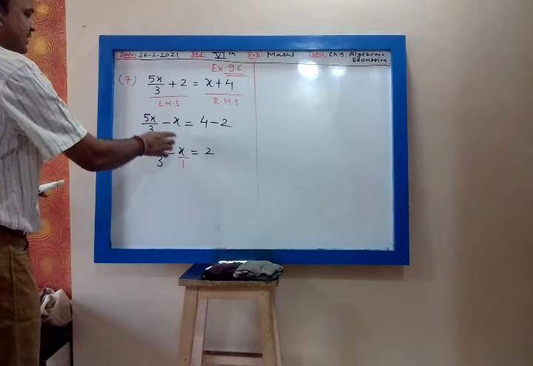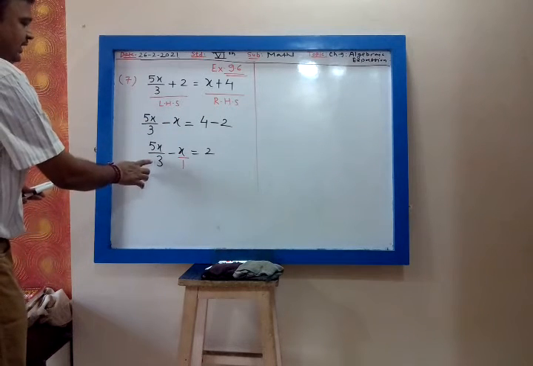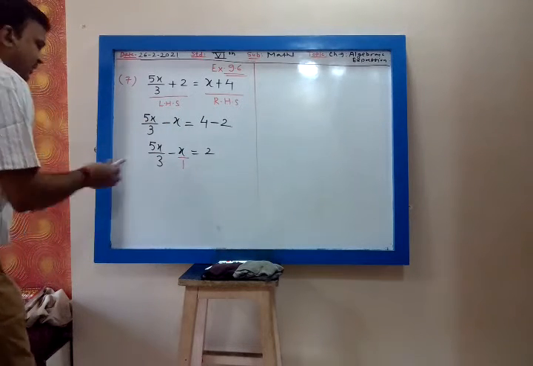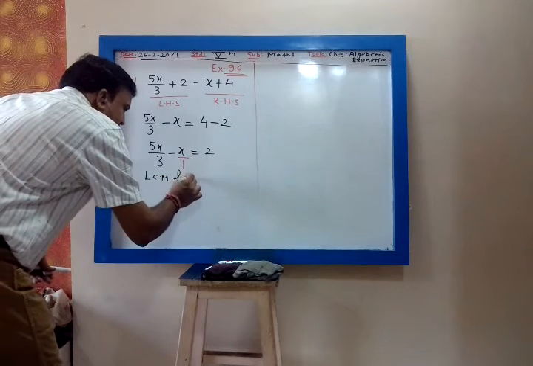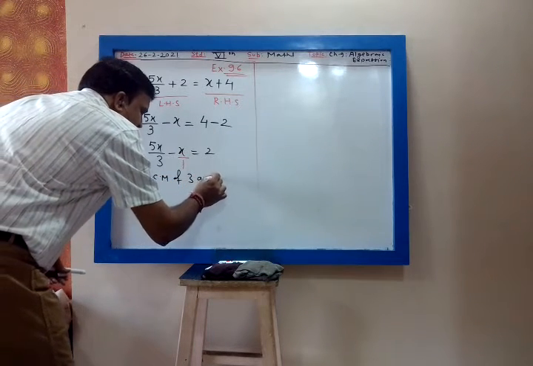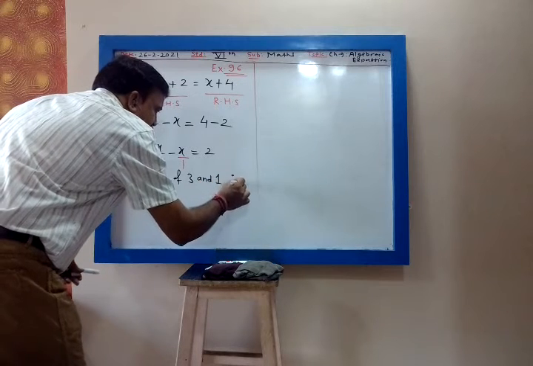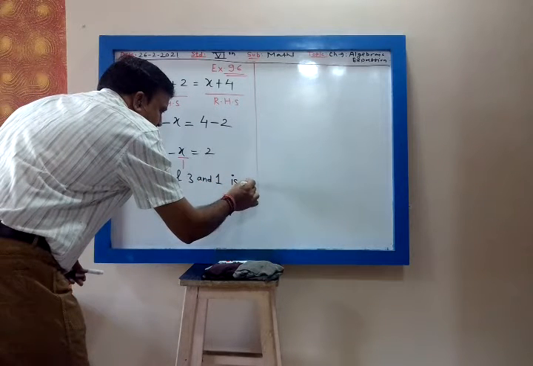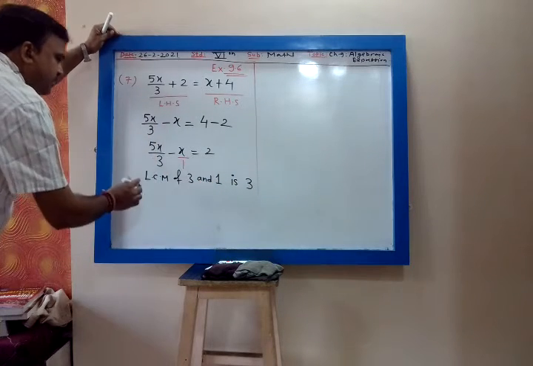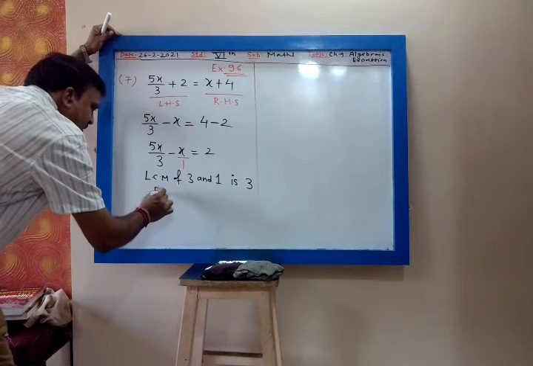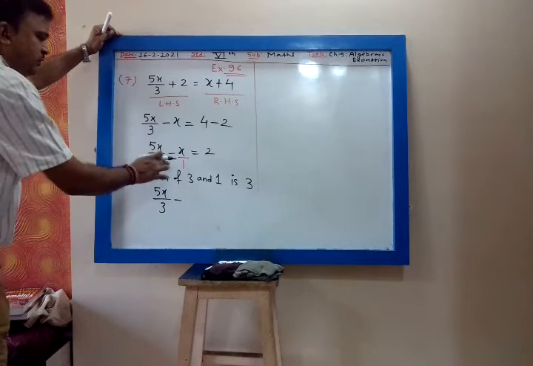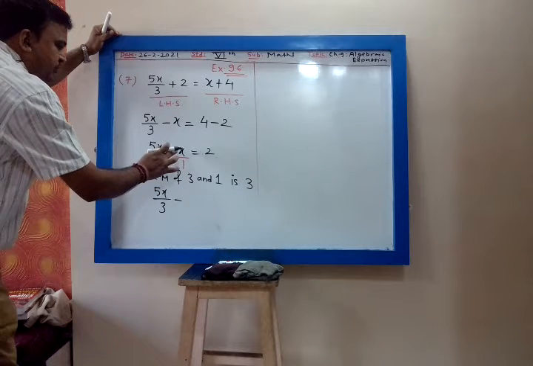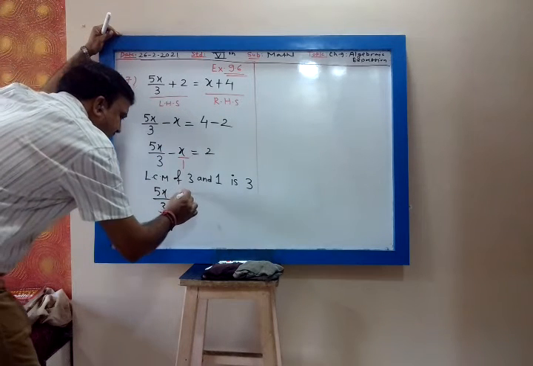Now let us simplify left hand side. Now I will take the LCM of denominator. LCM of 3 and 1 is 3. So I will make the denominator of each one on left hand side as 3. So this is 5x upon 3 only. Then to make this 3, I will multiply and divide by 3.